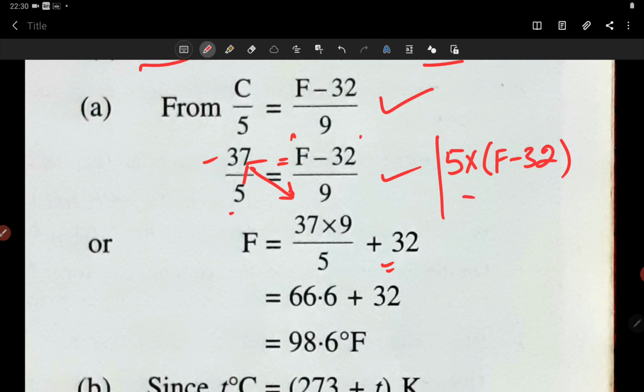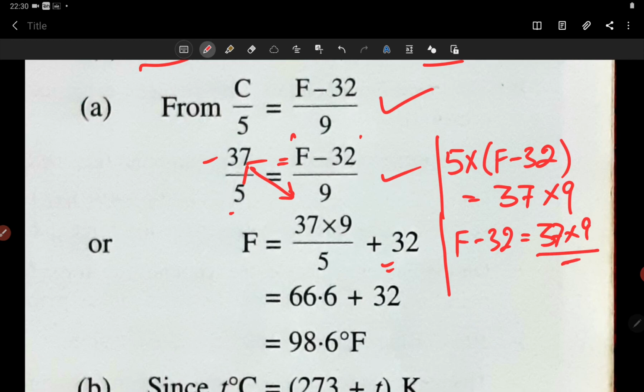And then equal to 37 multiplied by 9. Then further solving it, we can get F minus 32 will be equal to 37 multiplied by 9 over 5, right?